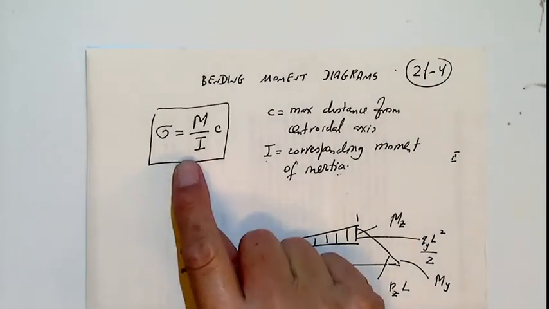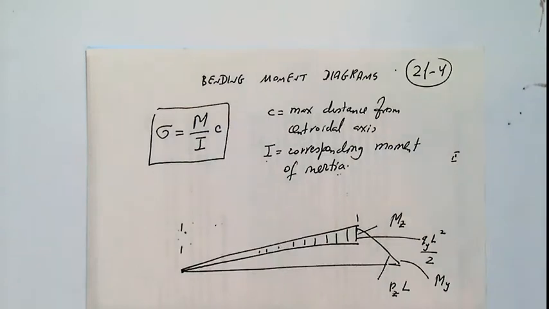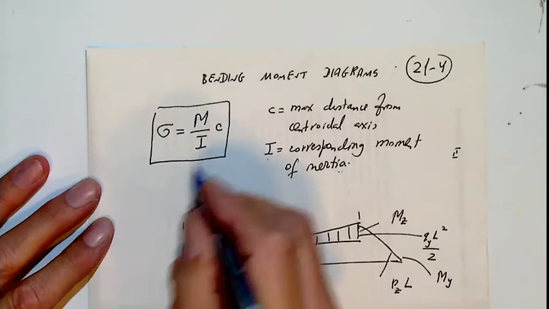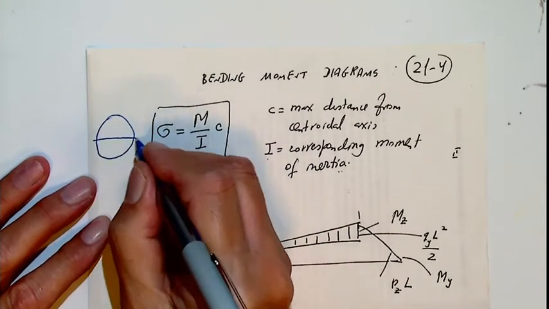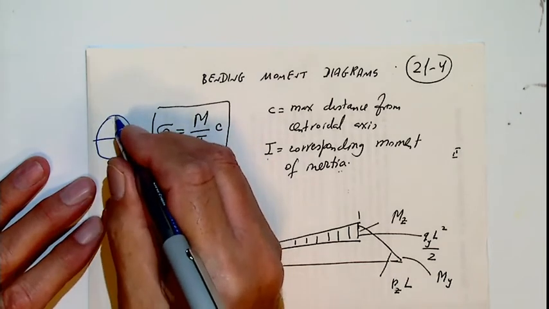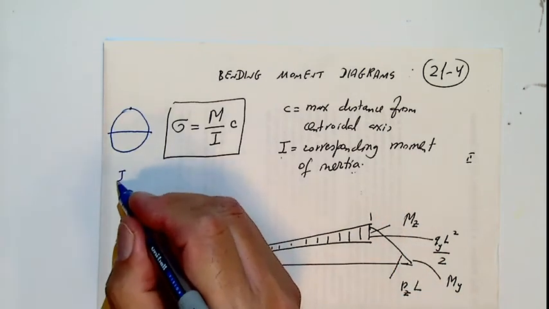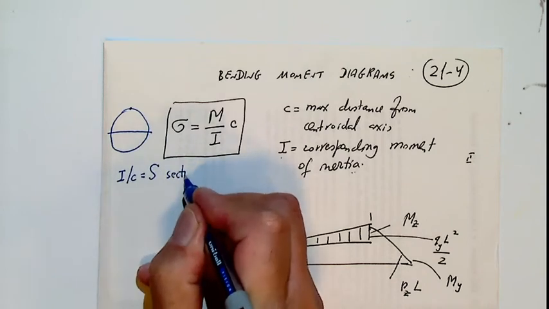We learned this formula in strength of materials. Sigma equals M divided by I times c, where I is the moment of inertia and c is the biggest distance. So if the moment acts here, then c is here, the external fiber. That is where the stress is biggest. So this I over c in American literature is often called section modulus.